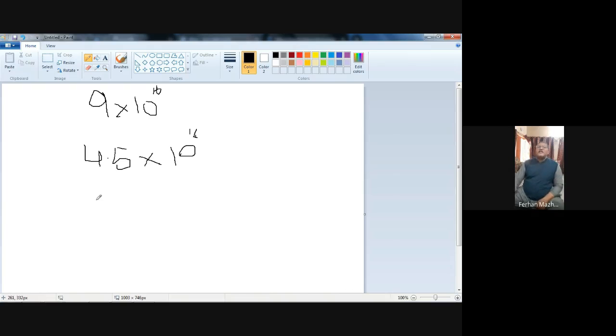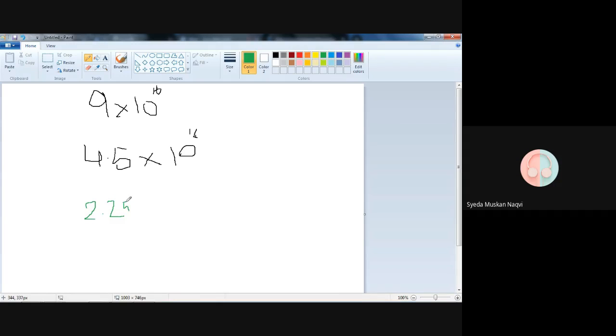Then divide again by 2. 4.5 × 10^16 divided by 2 is 2.25 × 10^16.